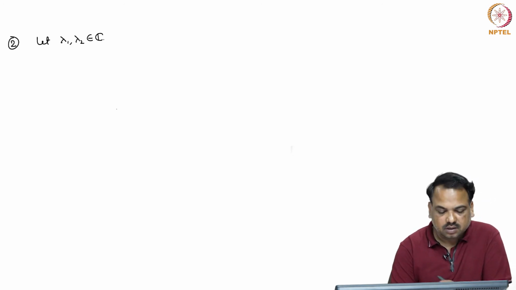Okay. Let us look at one more simple example. Let us take lambda 1, lambda 2 to be complex numbers.